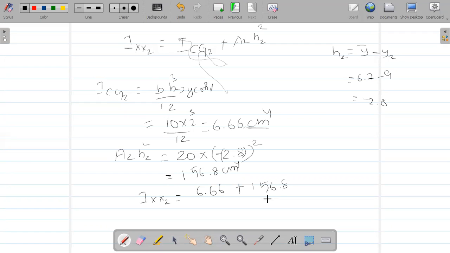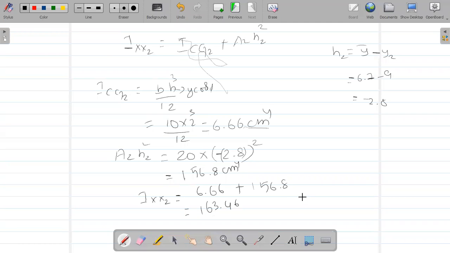Yes, very good, 156 correct. So what will be the total answer? 156.8 plus 6.66. You get this answer as 163.46. Now you got the value of Ixx2 and Ixx1.